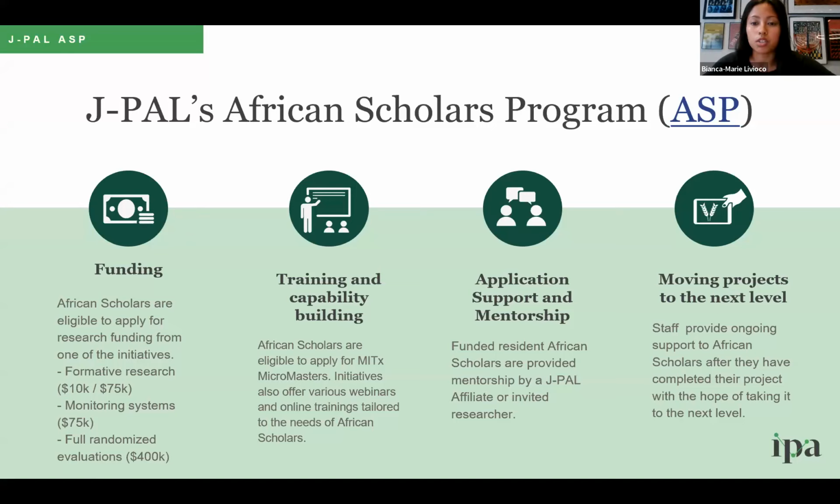The second subgroup for formative research is for pilot grants, which are up to 75K. And monitoring systems, and keep in mind that this is only for the Digify initiative that I'll describe later on in this presentation, is up to 75K. And last but not least, up to 400K of funding is available for full randomized development. African scholars who are funded are then matched with a JPAL affiliate or an invited researcher as a mentor.